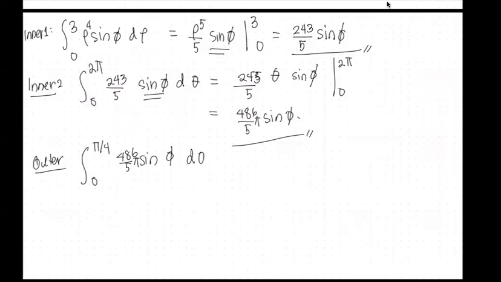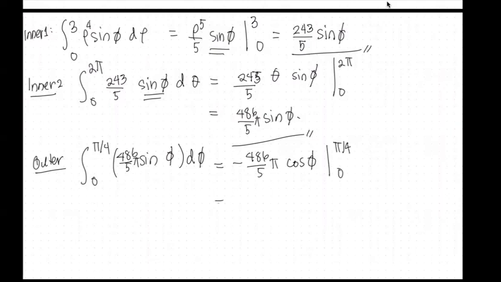Now, with respect to phi, this is just 486 over 5 pi, and then the integral of sine is negative cosine. So just put negative cosine of phi, from 0 to pi over 4.